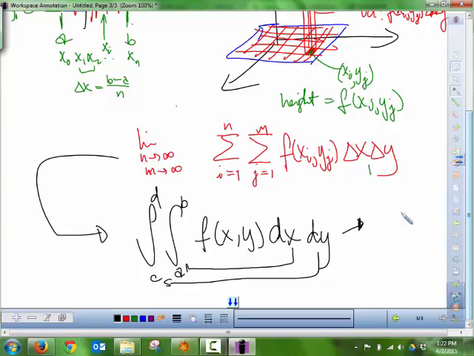Generically, double integrals can be written like this, where you have a double integral over r of your function dA, where dA is your change in area, so to speak. And so it has to be understood that the dA is actually a pair that goes into dx and dy.